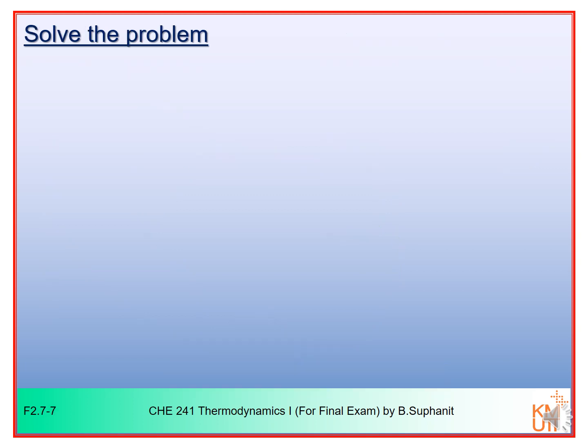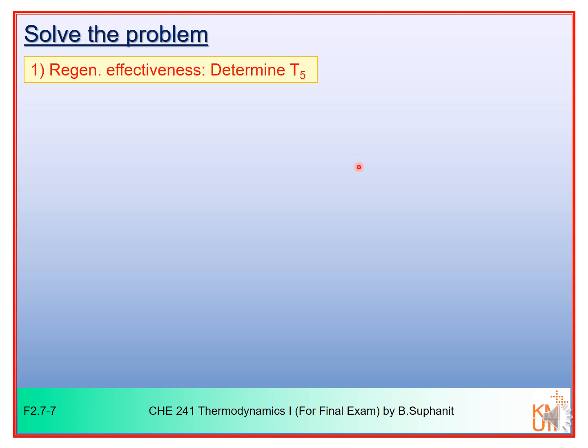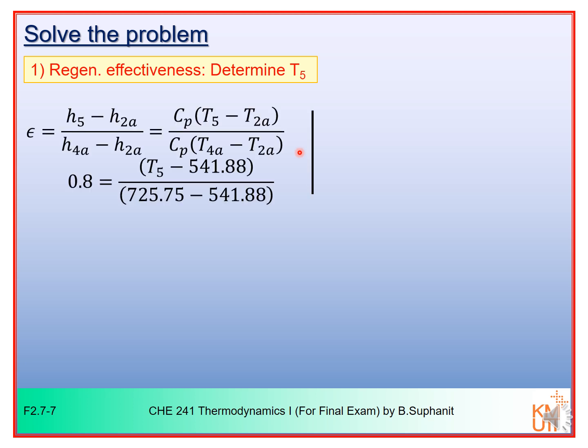First of all, using the definition of regenerator effectiveness to determine T5. The regenerator effectiveness is the actual heat transfer divided by the maximum heat transfer. Here in this case, it would be H5 minus H2A divided by H4A minus H2A.